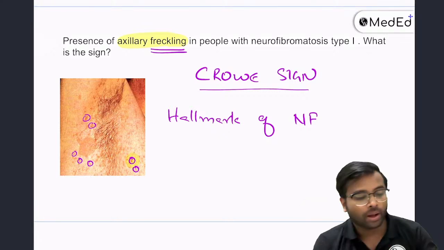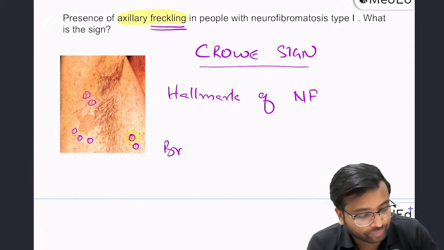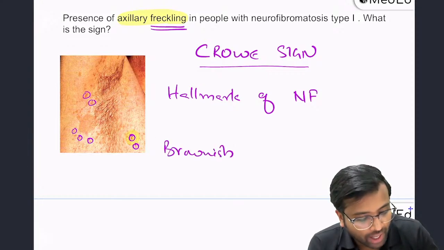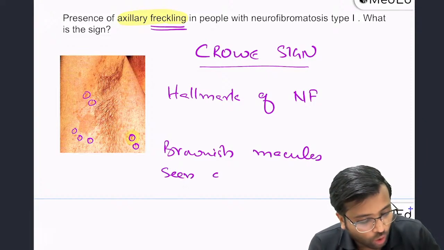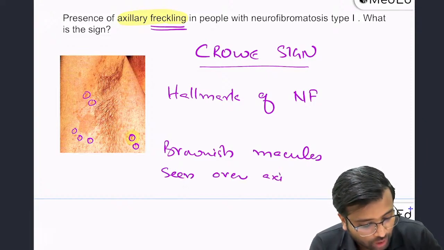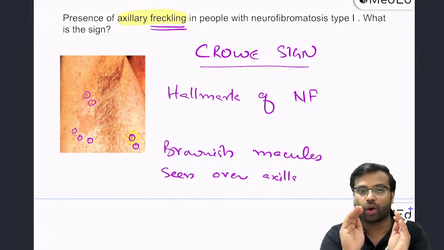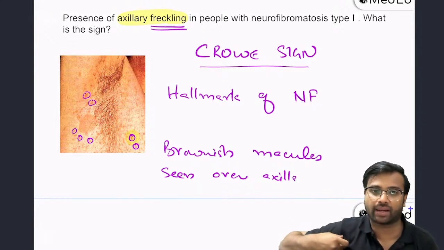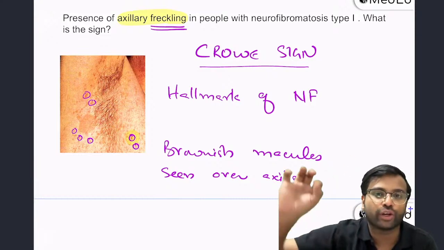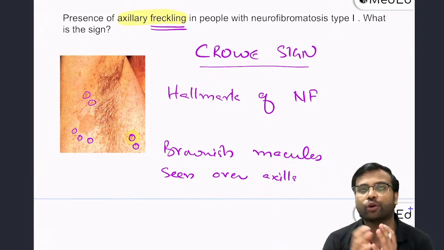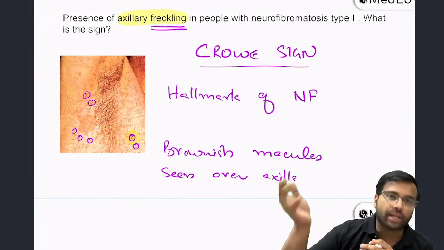So please remember, brownish macules seen over the axilla. So when you see these kind of brown colored macules over the axilla, always suspect it's a typical sign, hallmark of neurofibromatosis. Now neurofibromatosis you must have learned in medicine as well.